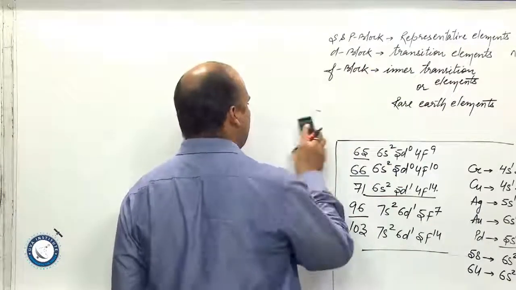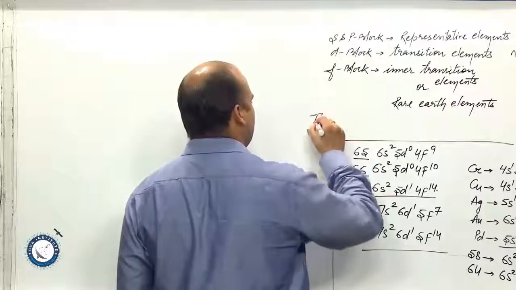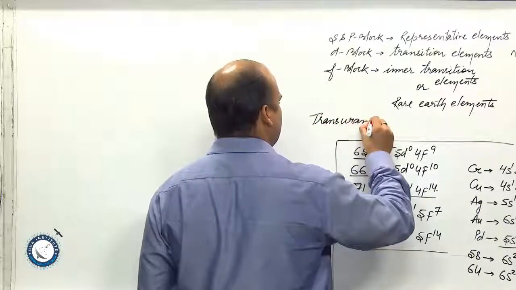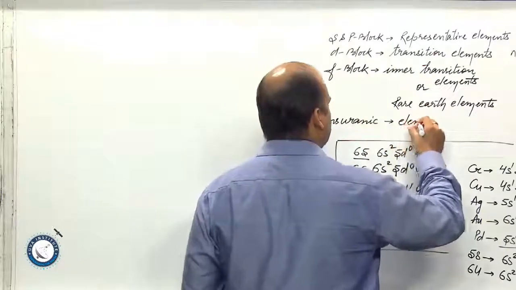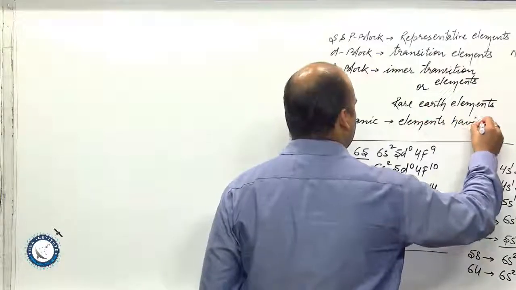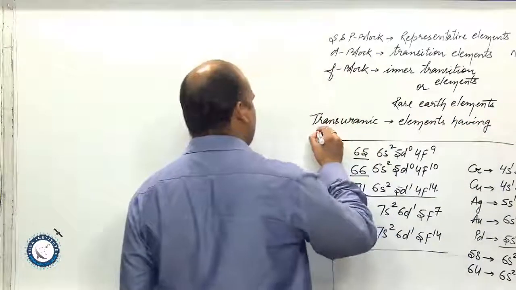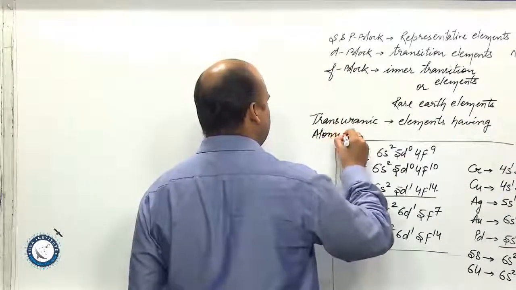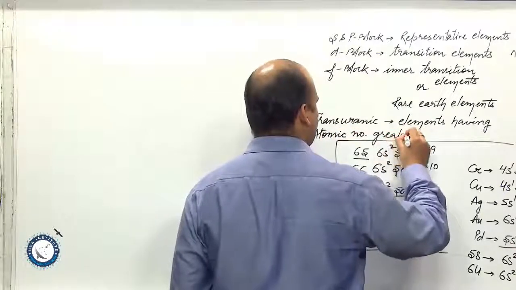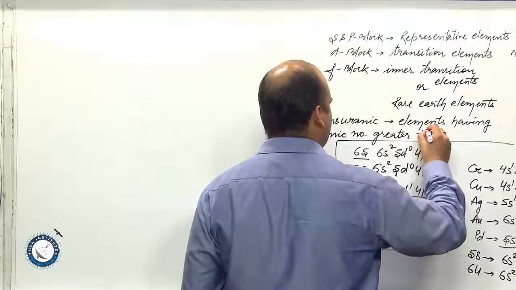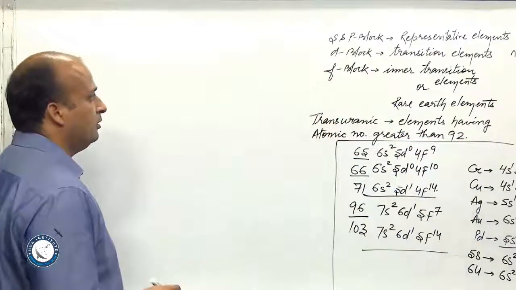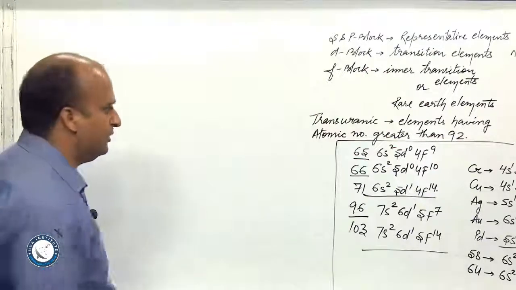Now there is a term called transuranic elements having atomic number greater than 92. They are termed as transuranic.